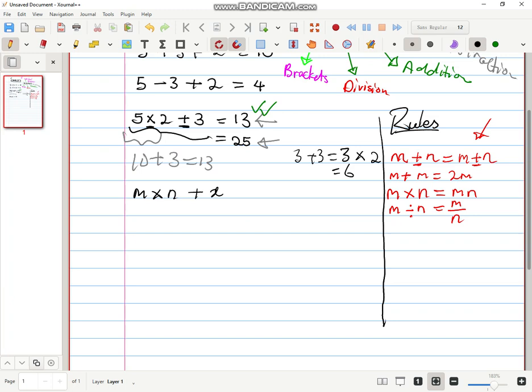So in this case, m might represent 5, n might represent 2, and x might represent 3. So you want to start with m times n. It's going to be mn, and then you're going to add your x here. This is the simplified version of this, right? Please put that in mind, right?